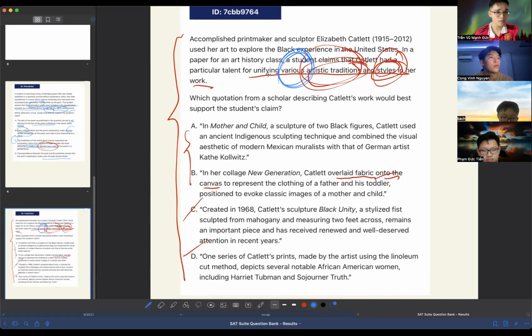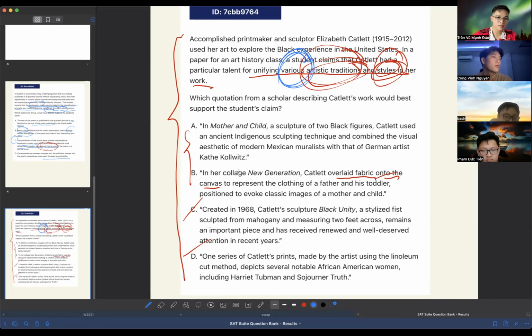Remember the word various. Various means a lot, right? So it has to talk about multiple traditions. No. So is it A or B?